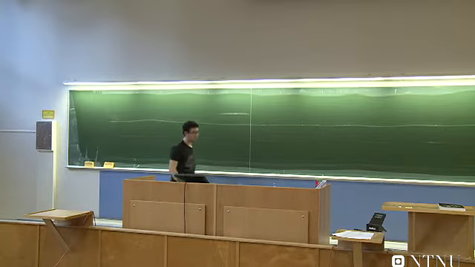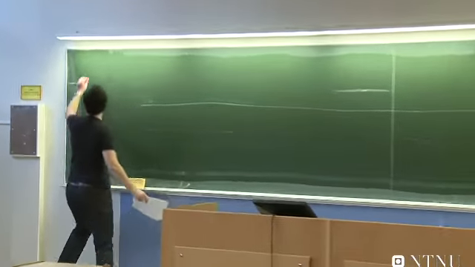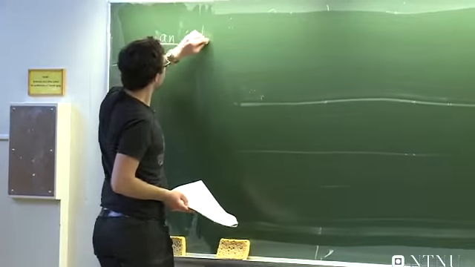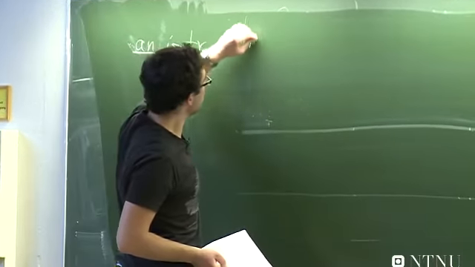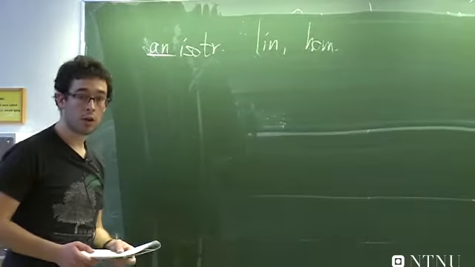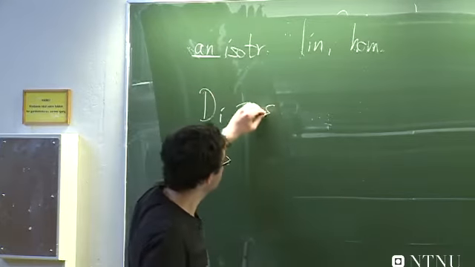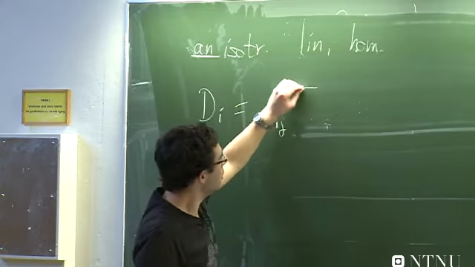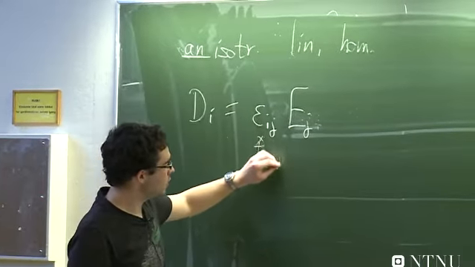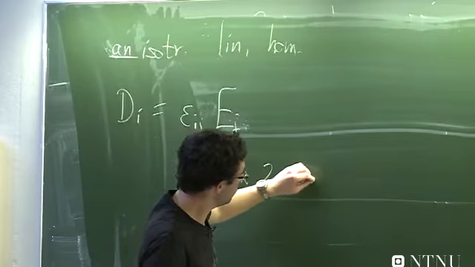Now, if we consider an anisotropic material, but it's still linear and homogeneous, then the constitutive relation can be written simply as D_i is equal to epsilon_ij E_j. And epsilon_ij, that's a rank 2 or order 2 tensor.